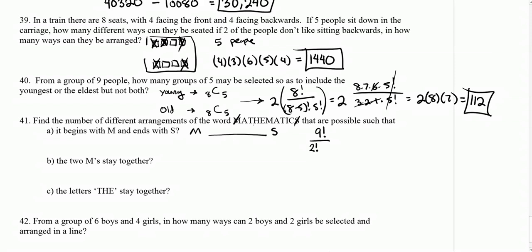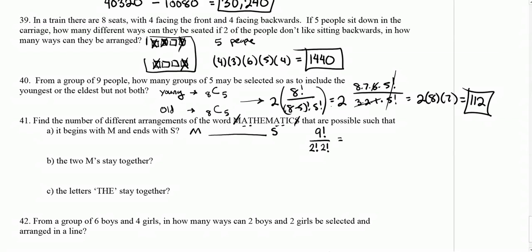We have 2 T's. So we're counting for the 2 A's here, the 2 T's. We have 1 H, 1 E, 1 M, 1 I, and 1 C. So multiply this together and we have our answer.